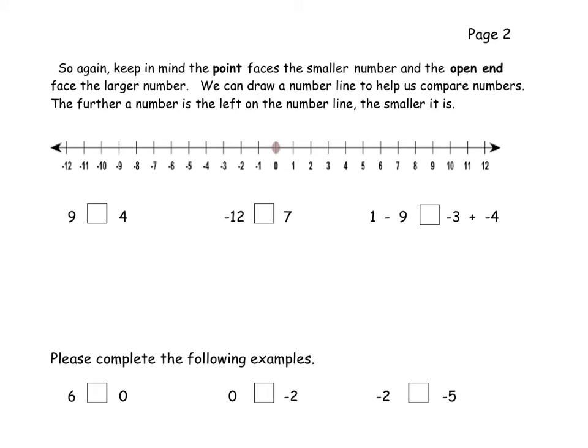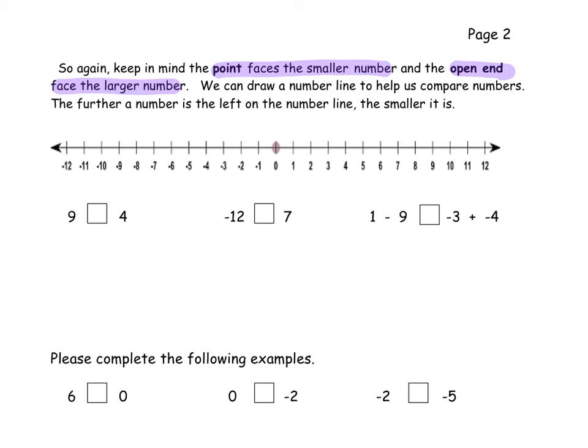So again, we're going to keep in mind that the point faces the smaller number and the open end faces the larger number. I'm going to go ahead and highlight that. It continues to say we can draw a number line to help us compare these numbers. The further a number is to the left on the number line, the smaller it is.